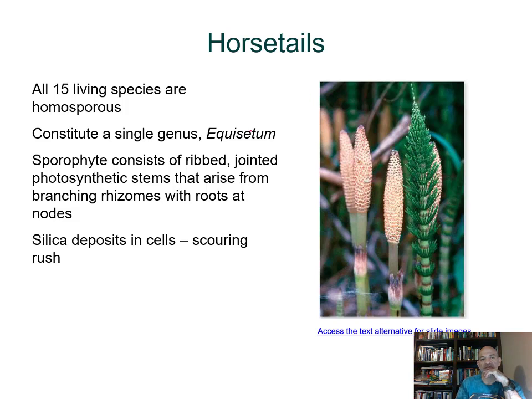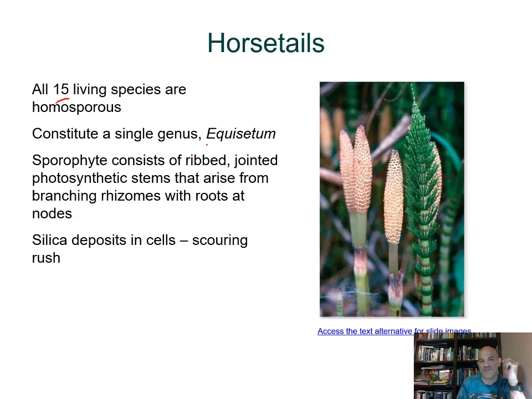For the horsetails, there's 15 extant or living species. We went over whether they were homosporous. Most of them that we've been talking about are homosporous. The ferns, there's water ferns that have some heterospory, but for the most part, the Lycophytes, the club mosses, these horsetails here and the whisk ferns, they're homosporous pretty much.